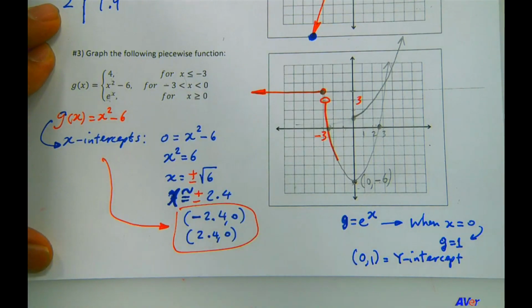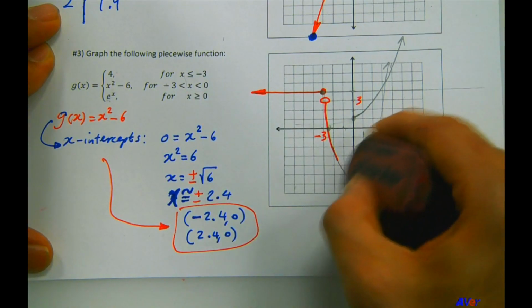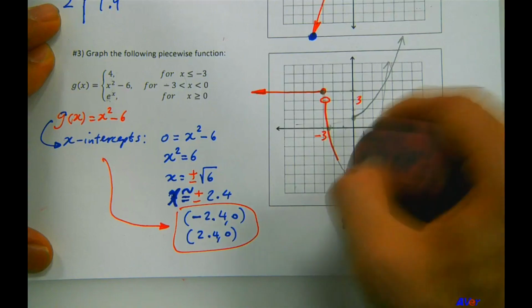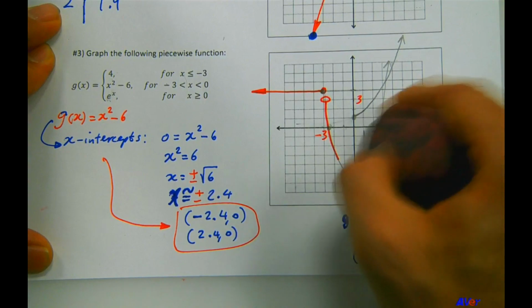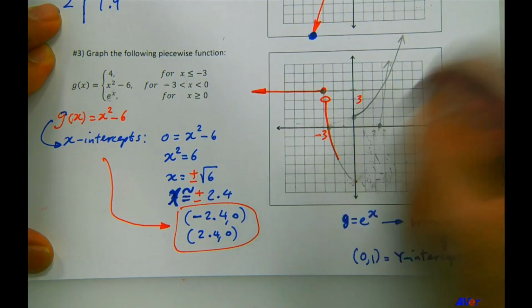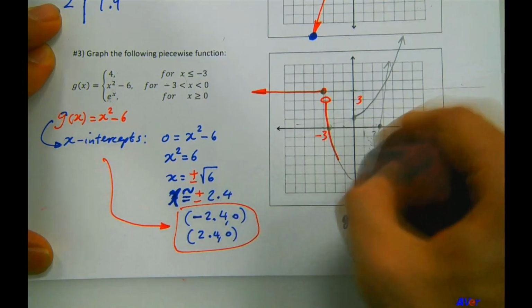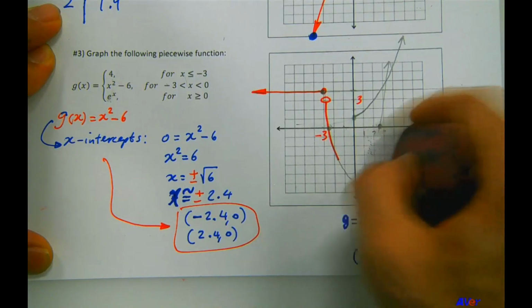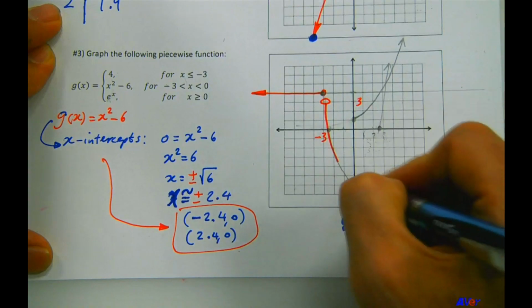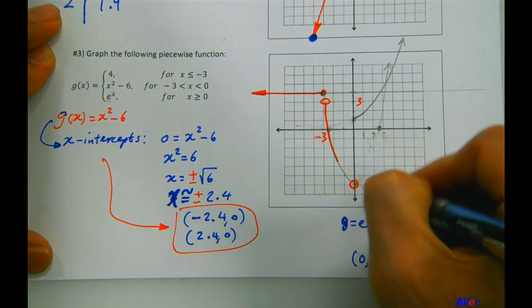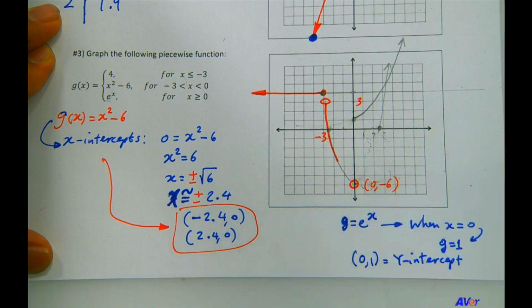So let me erase all of this, and instead put a hollow circle right here at 0, -6.